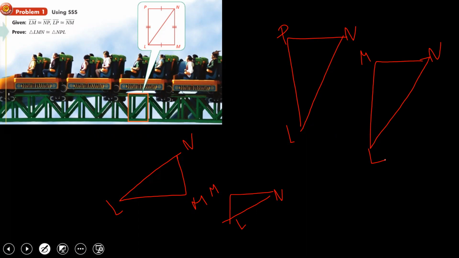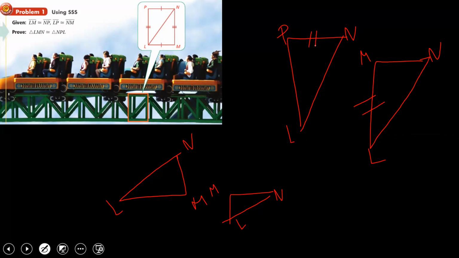That's why you will say that LM is to NP.